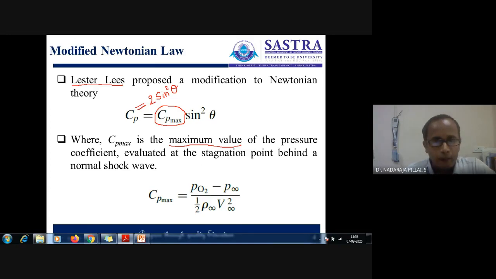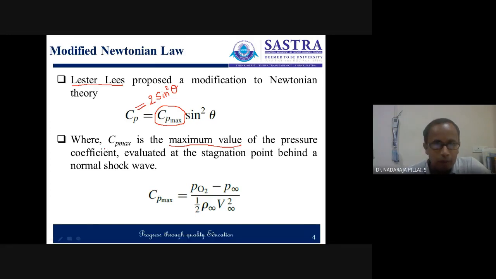One is the total pressure and the other is the static pressure, and half rho infinity V infinity square is the dynamic pressure.